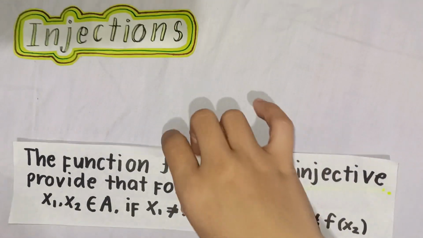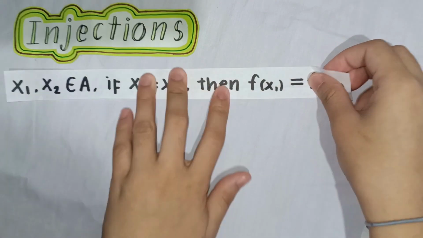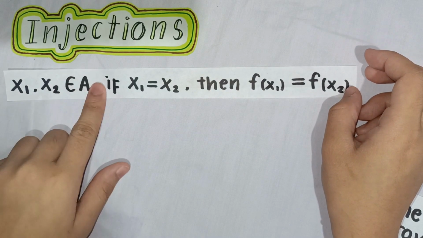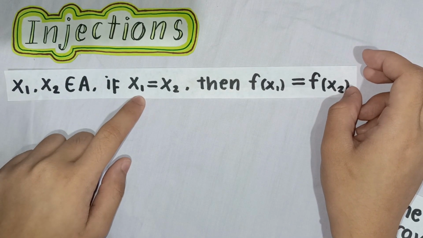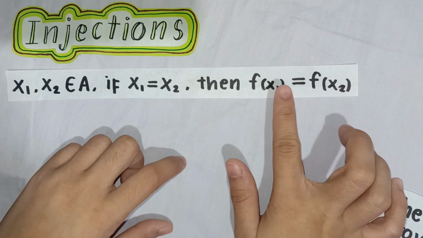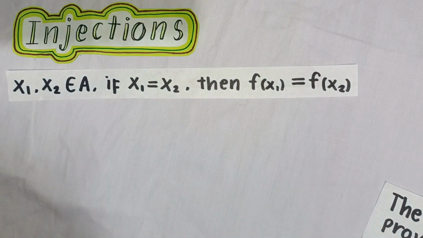We can also write this in the form of: x1 and x2 in set A, if f(x1) is equal to f(x2), then x1 is equal to x2.